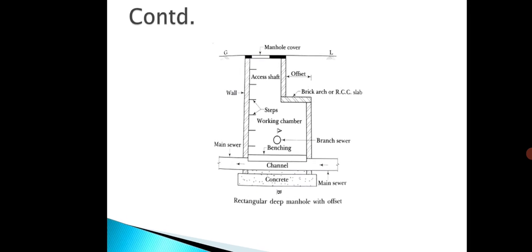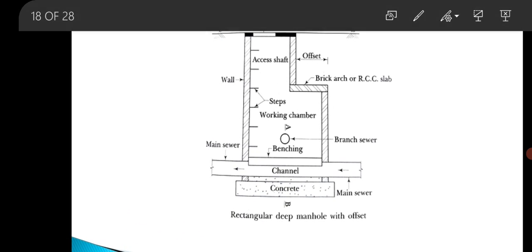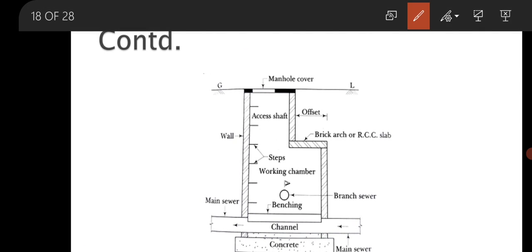So this is the diagram of a deep manhole with offset. See here, the upper portion is generally reduced, and in order to increase the size at the bottom, it is provided with offset.